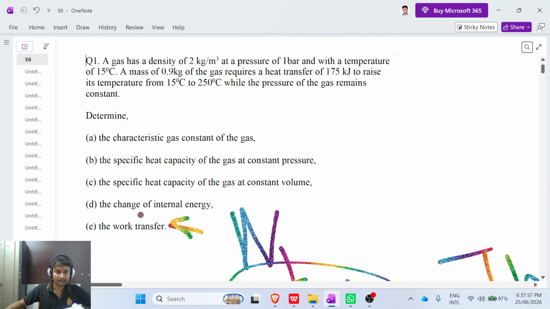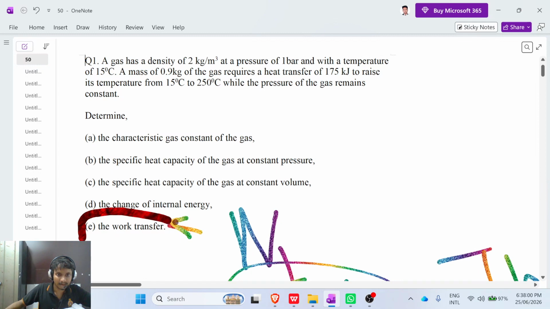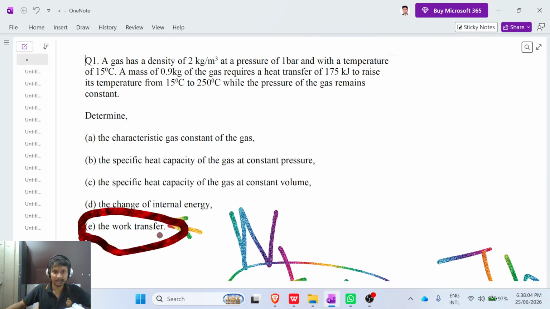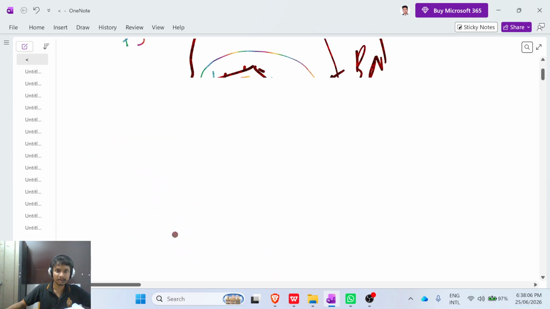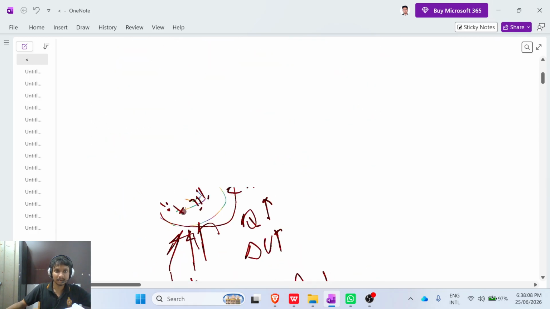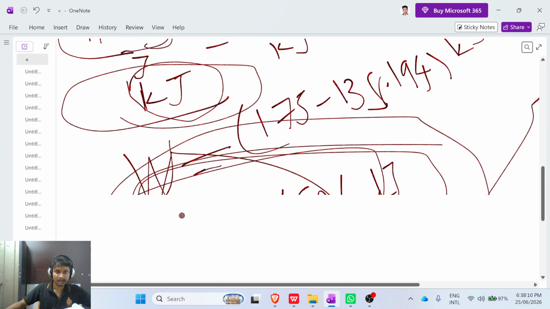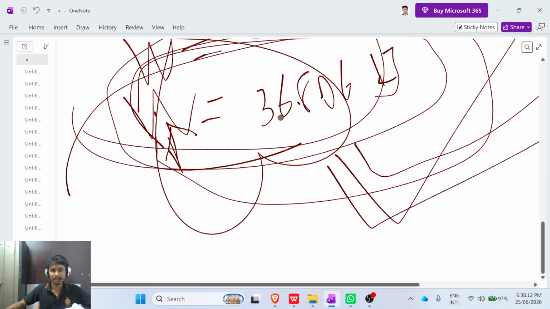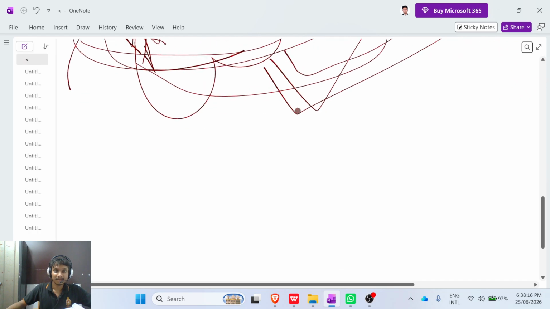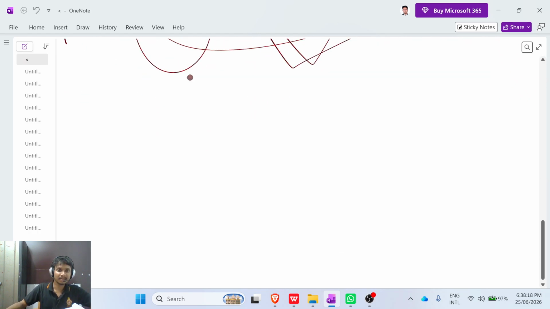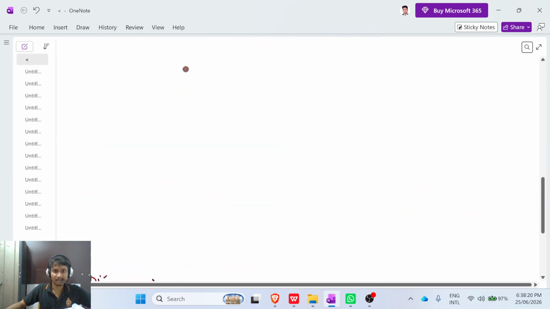In the past video we discussed the work transfer that is equal to W. W is equal to 36.860 kilojoule. We can find the answer in another way, but use this equation.